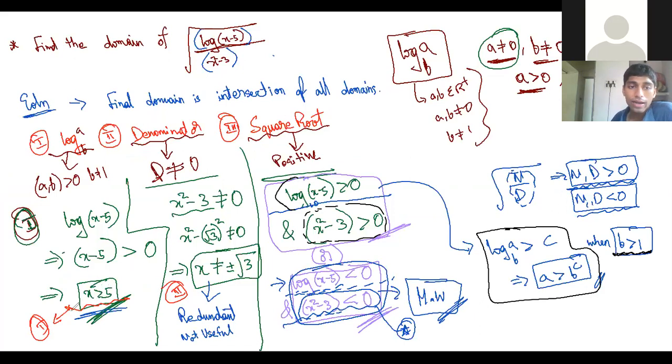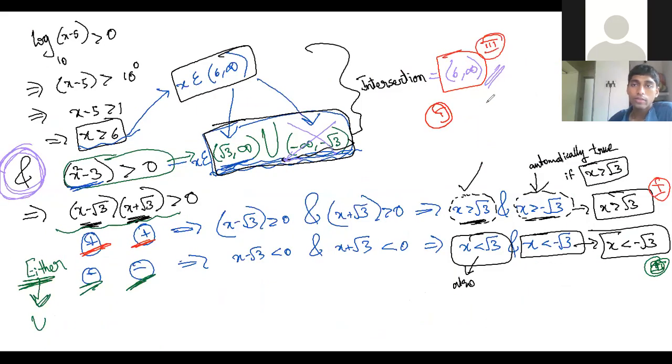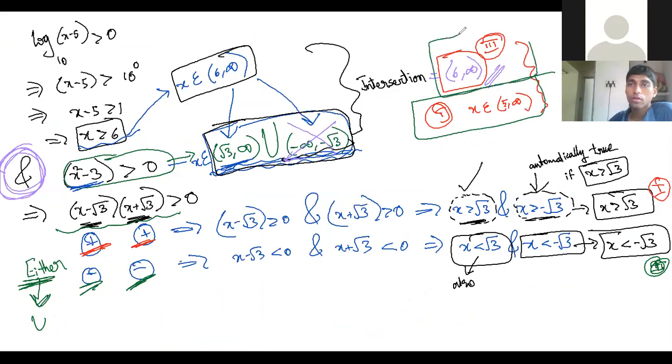Now, if you compare condition 1 and condition 3, condition 1 is telling that x belongs to 5 to infinity, and condition 3 is telling x belongs to 6 to infinity. If you compare both of these, what is the intersection? Again 6 to infinity. So this implies the final answer is x belongs to 6 to infinity.